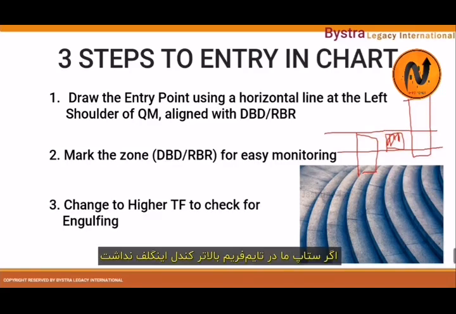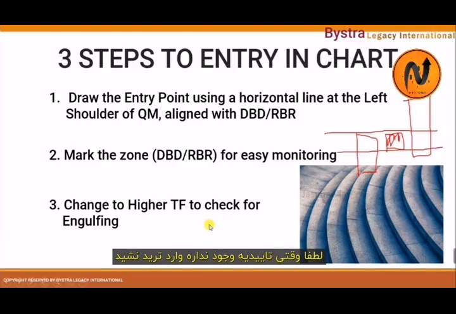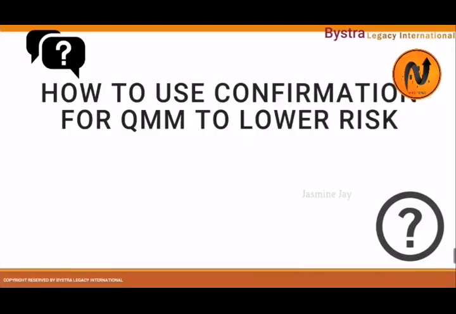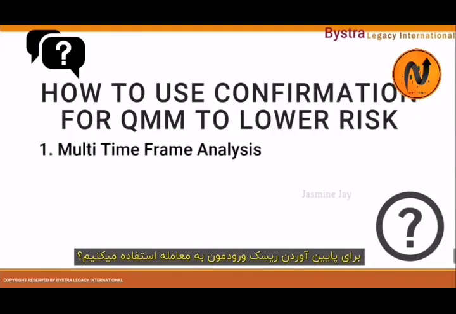If the setup doesn't have an engulfing on the higher time frame, then the setup is considered very high risk. Please, when there is no confirmation, do not enter the trade. So how do we use the confirmation for QM manipulation to lower our risk of entry? First is the key, the same thing that we always come back to, the multi-time frame analysis.